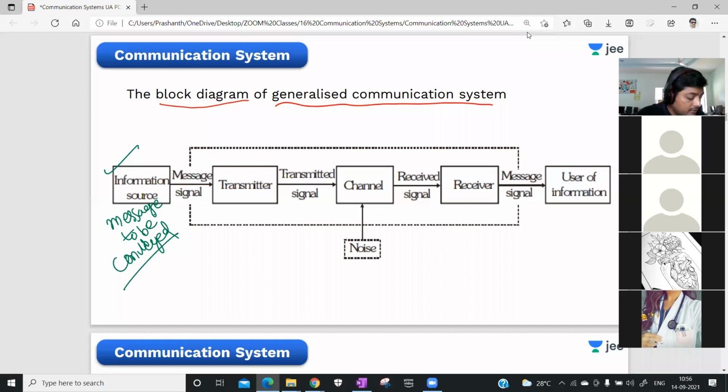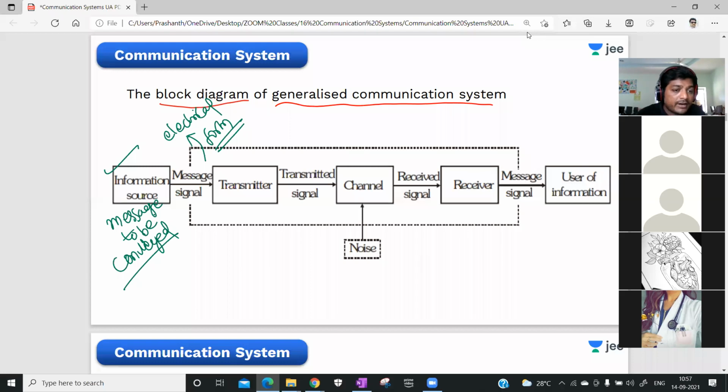And what is a message signal? The information should be in electrical form.